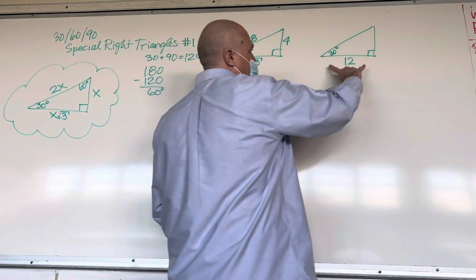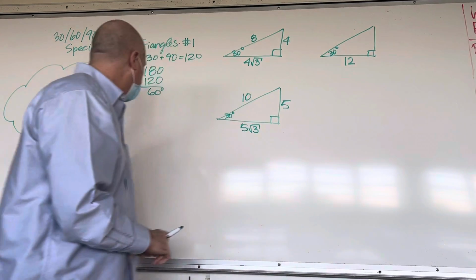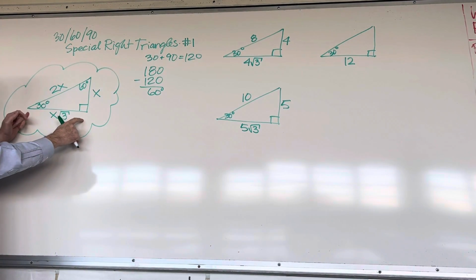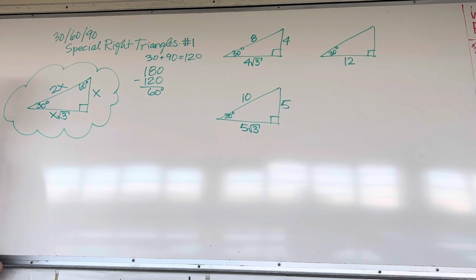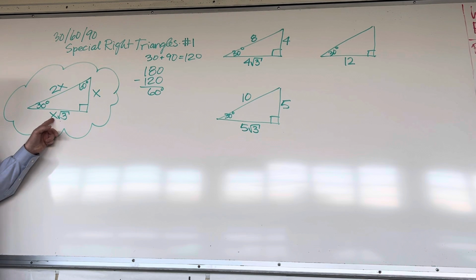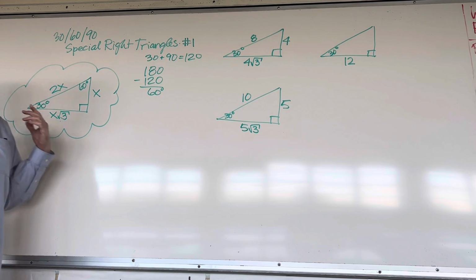If the side of the one we have is 12, and the side of the model is x radical 3, these two sides have to be equal lengths. We just want to know what the x has to be for this to work out. So here's how we do it.